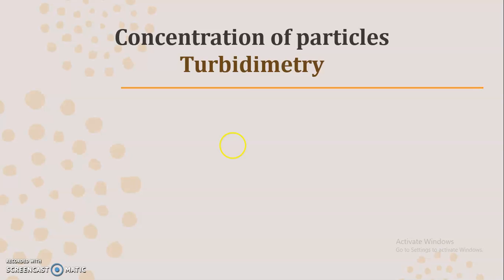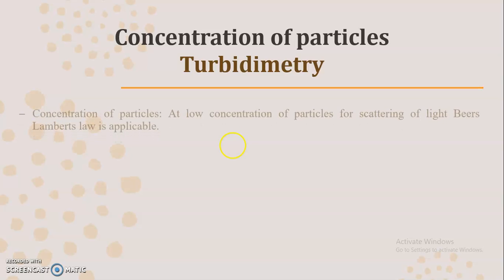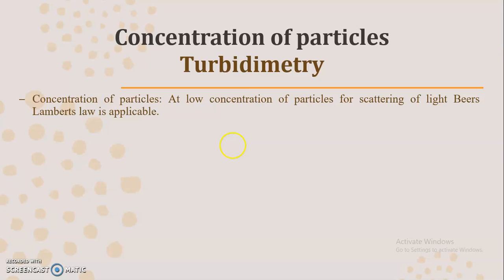Now, the first effect is concentration. Concentration of particles has a different effect on turbidimetry as well as nephelometry. So first we will discuss the concentration of particles in turbidimetry. At a low concentration of particles for scattering of light, Beer-Lambert's law is applicable.